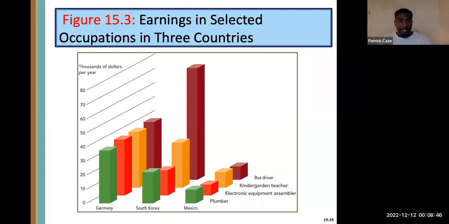Earnings in selected occupations in 3 countries. All right. Thousands of dollars per year. So if you look at the countries, Germany, South Korea, Mexico.